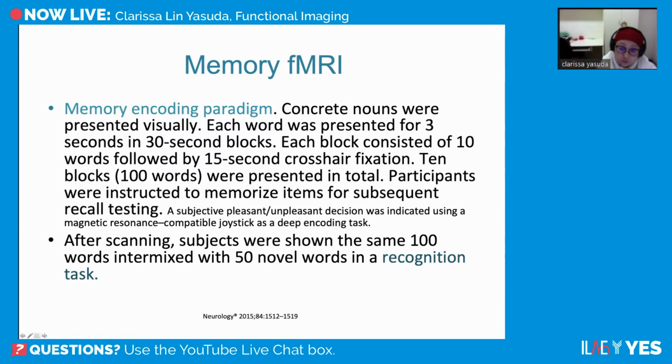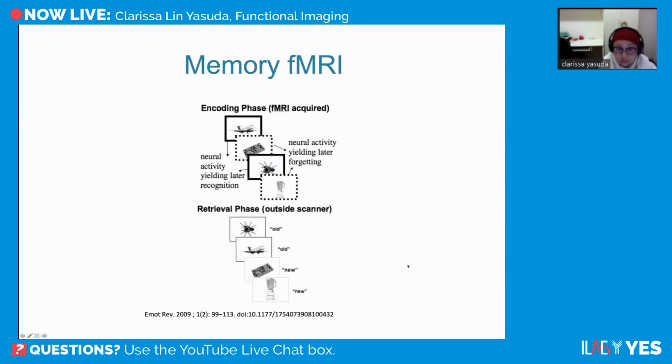And he's instructed to memorize the items because later they will recall and be tested again, okay? So after scanning, the subjects are shown the same 100 words mixed with 50 novel words in a recognition task. So it's like this.